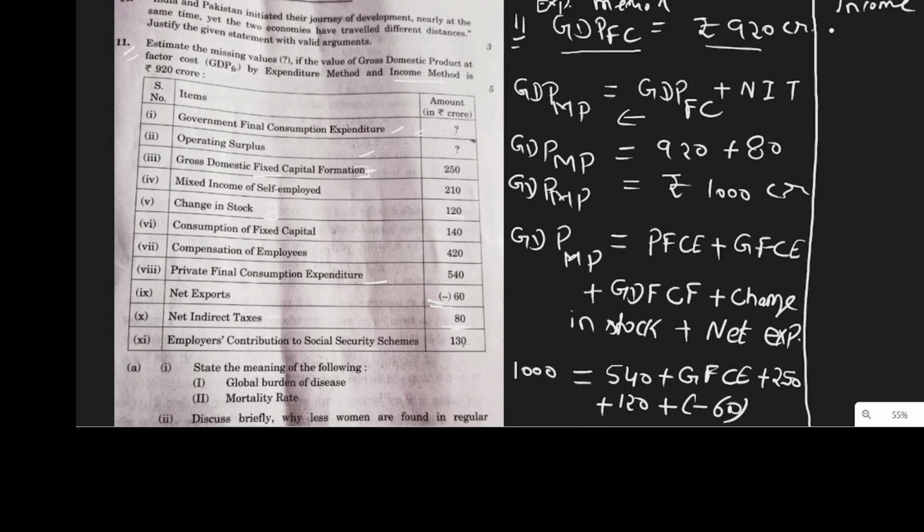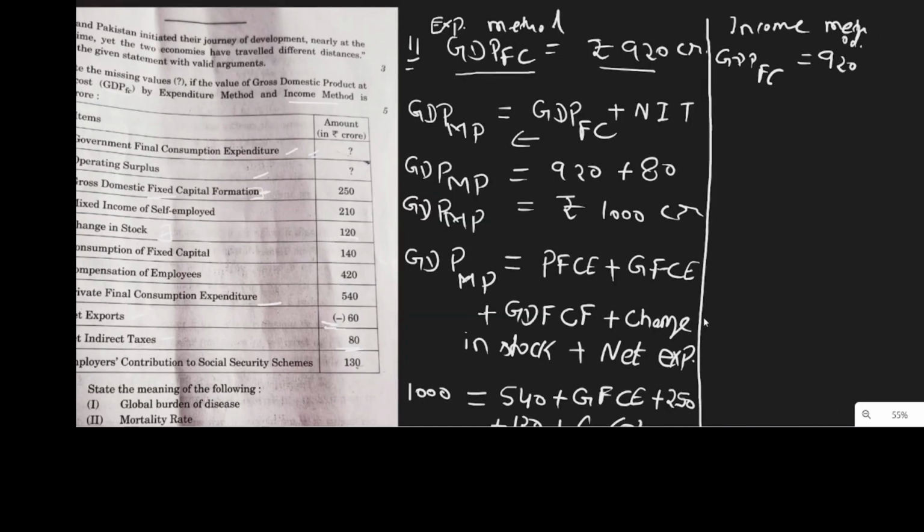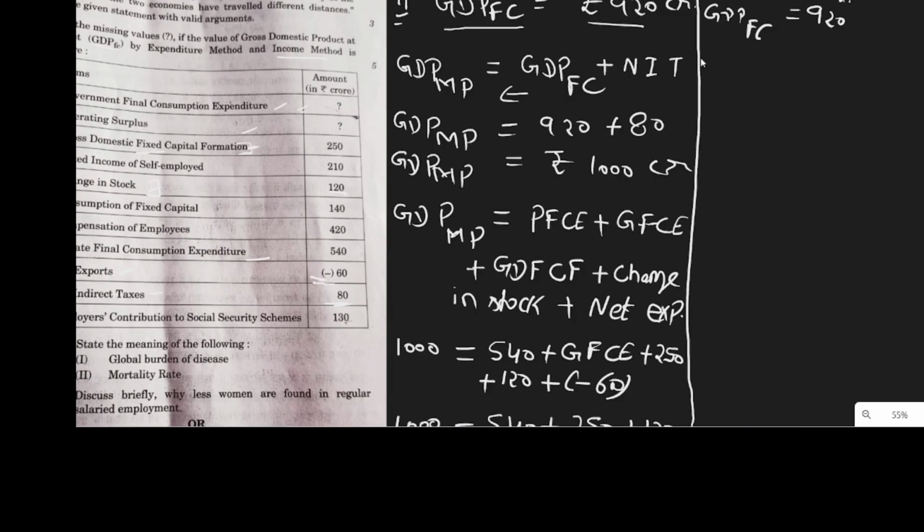So what is given? GDP-FC is equal to 920 crore. What do I need in income method? Which aggregate is used? We know in expenditure method, the formula uses GDP-MP, and we must know that in income method, the formula uses NDP-FC.